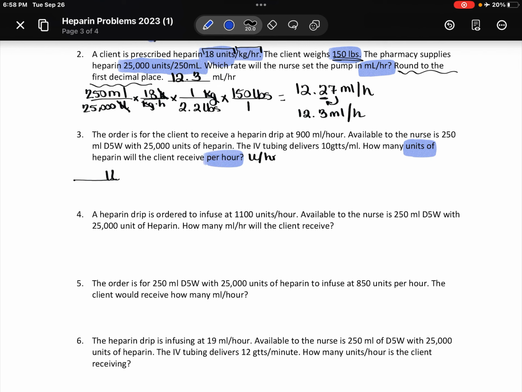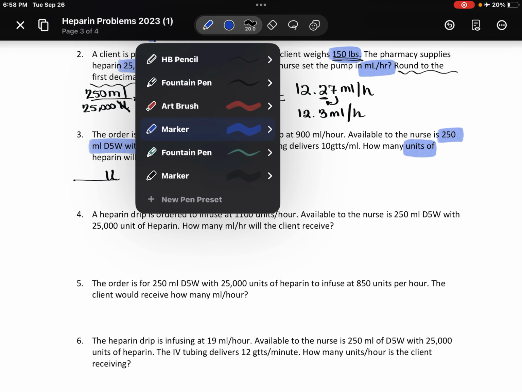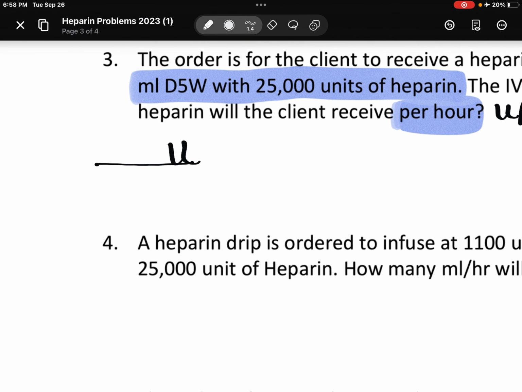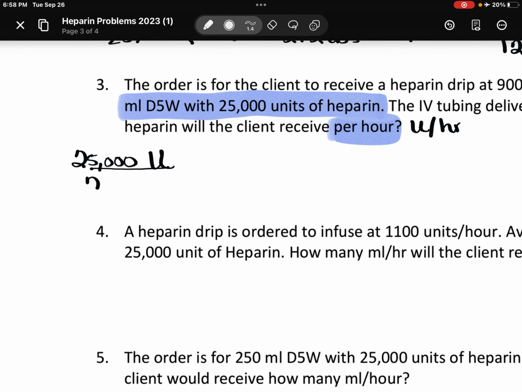Well, I see here that 250 milliliters has 25,000 units in it, so I can use that. 25,000 units over 250 milliliters. So now I need to get rid of this milliliter, so I'm going to bring it to the top.